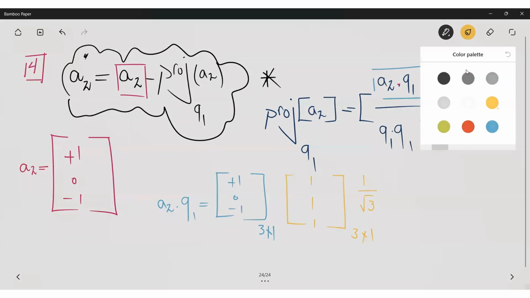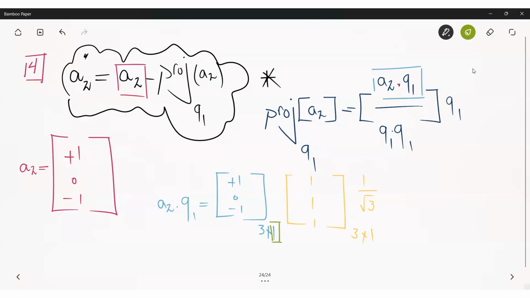Look at that: I have 1 here and I have 3 here. Remember from last week, we said that in order to multiply two matrices, these dimensions have to be equal. But they are not. We have to make them equal. But imagine that if the matrix which I have here as A2 was instead 1 by 3. If it was 1 by 3, I would have 3 and 3 equal.